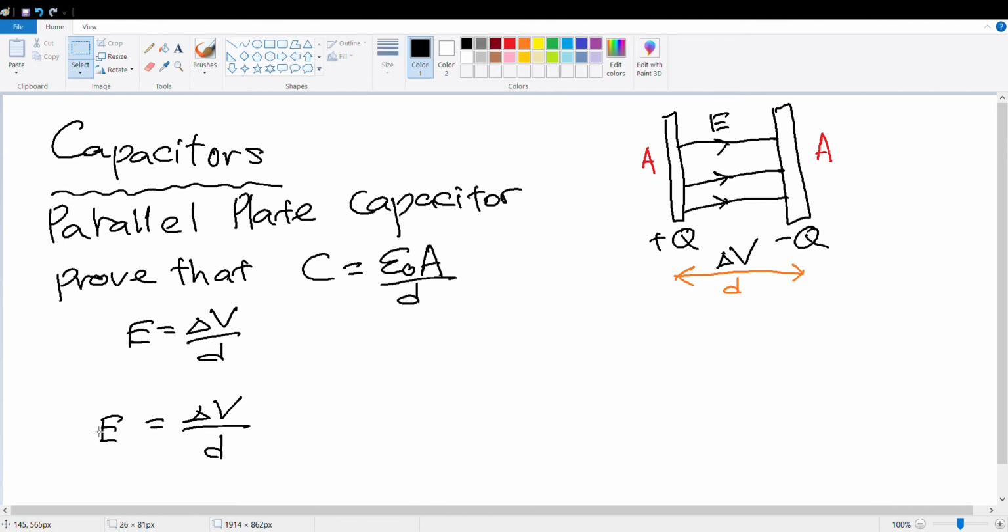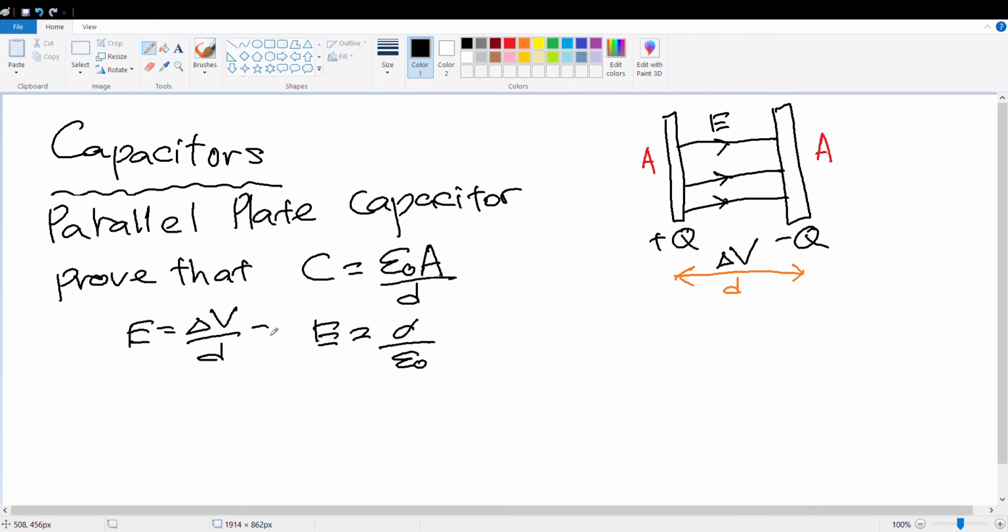Okay, let me just erase this one. As for the other formula, from the previous chapter we described the electric field strength for uniformly charged plates. For uniformly charged plates, what we get for the electric field strength is equal to sigma over epsilon naught. This is after some derivation.